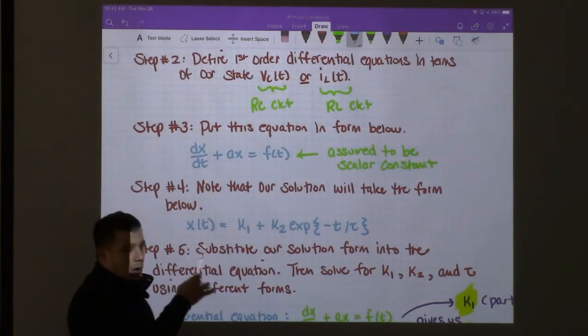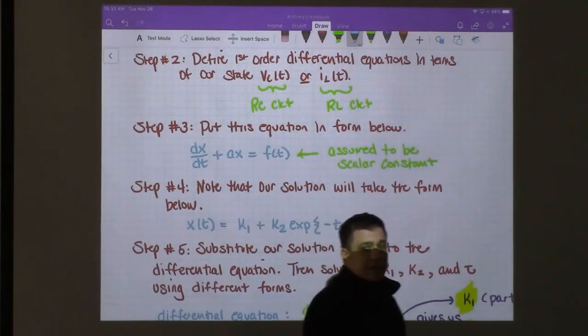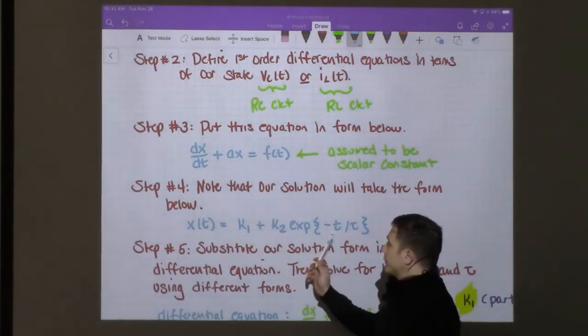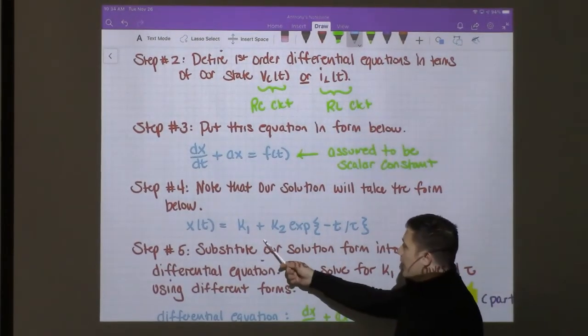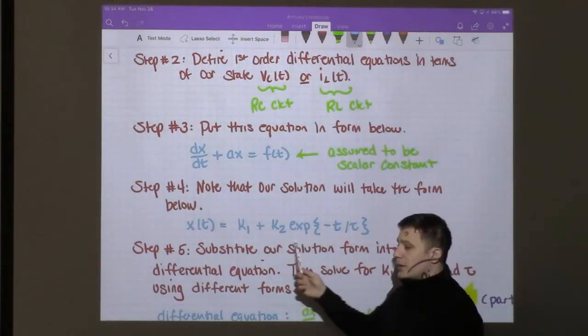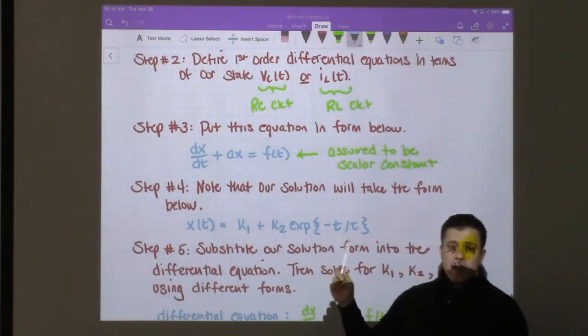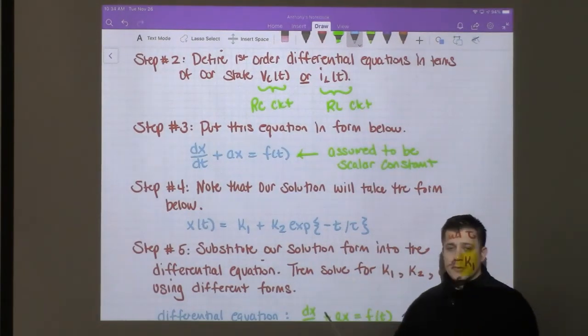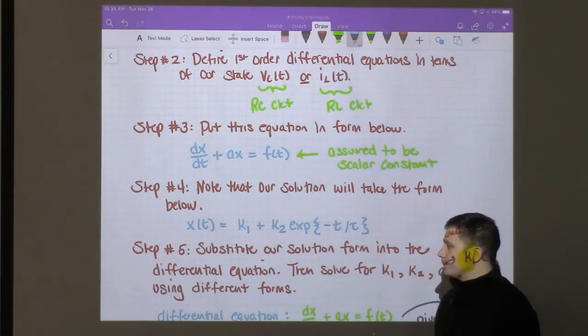And this is all from the stuff that we did last time. We know that our solution will have a particular and complementary part, k1 plus k2 e to the negative t over tau. So again, the real problem is not finding the solution. It's finding the attributes or the parameters of the solution.